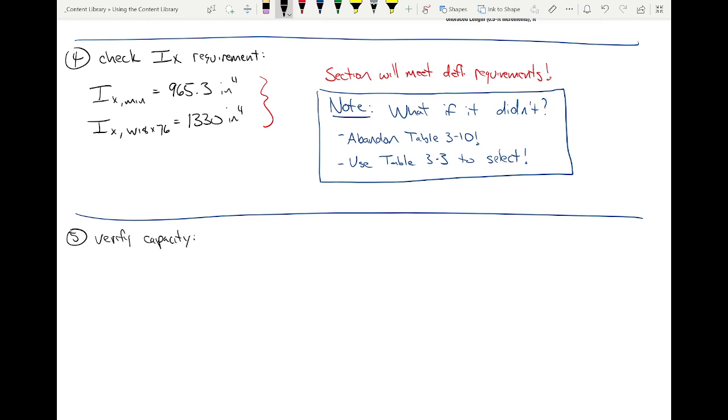Now, let's go back to a couple things. First off, Mu, not Mu over Cb, Mu. What was Mu? Cb is 1.14. We've got Vu is, what was Vu again? 73.44.